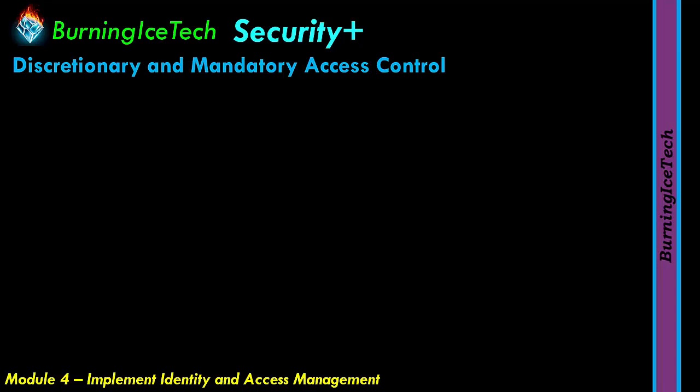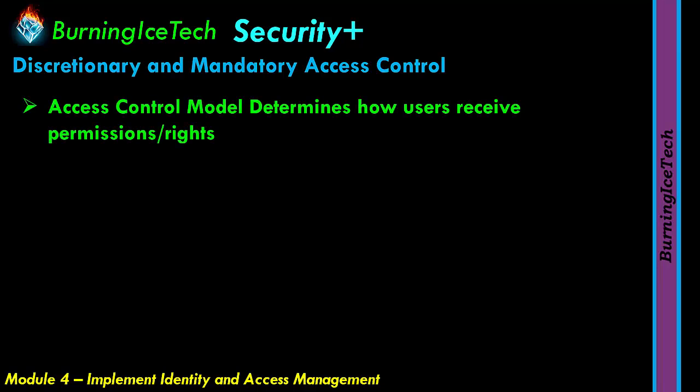For those of you that don't know, the access control model determines how users receive permissions and/or rights. We can say a user account that has been authenticated can be allocated rights and permissions on networks, computers, and data. An access control model simply describes the principles that govern how your users receive their rights.